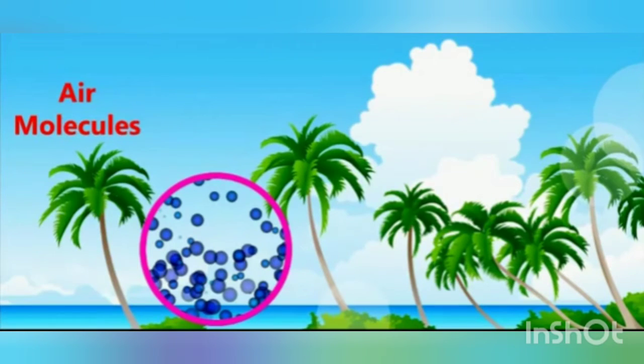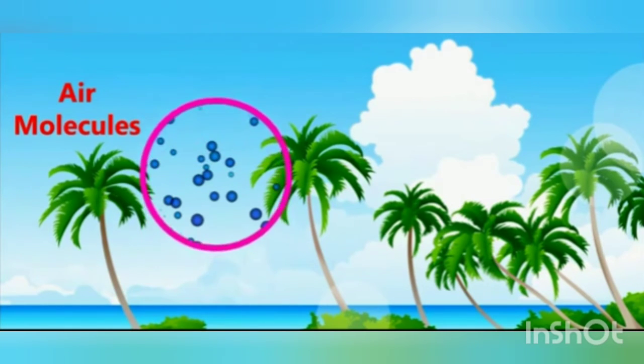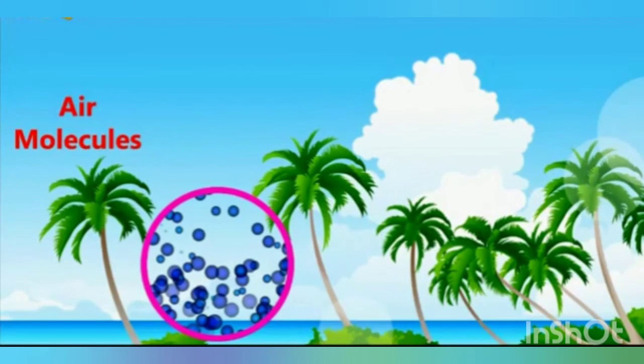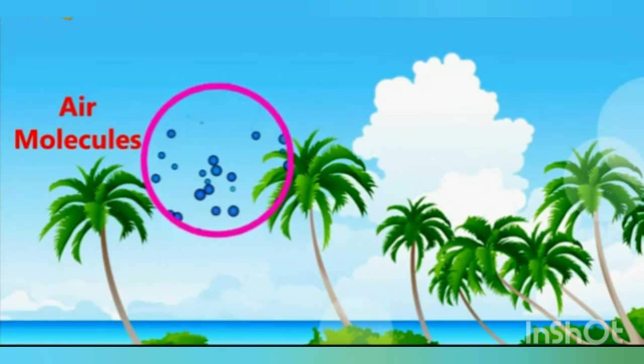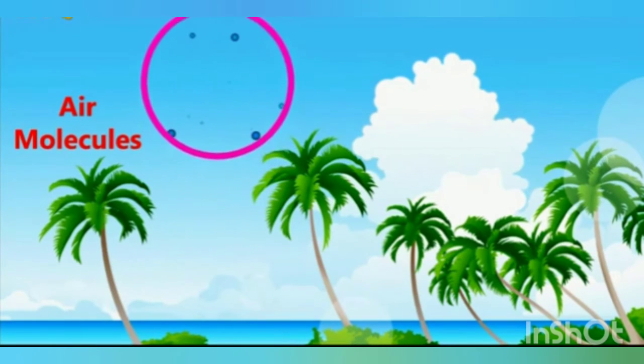The atmospheric pressure that acts on us is due to the weight of the closely packed air molecules. And these molecules are attracted towards the surface of the earth due to gravity. We know that the gravitational force of the earth is maximum at its surface and tends to decrease as we move away from it towards the space.